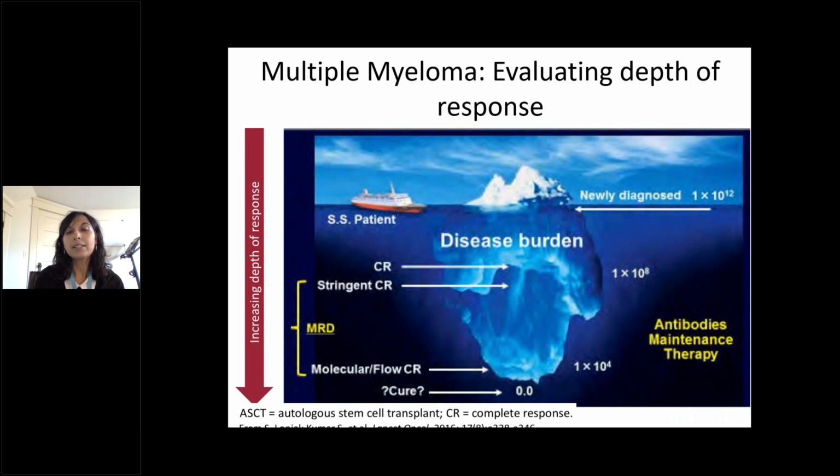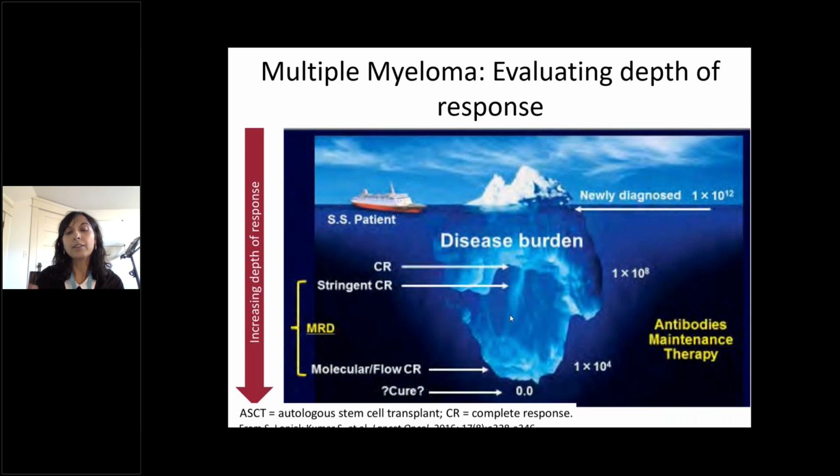Sometimes on the surface it can seem like you bring down the protein, and I've had patients ask me, okay, my protein dropped from 40 to 2, can I stop treatment now? And often I say to them, well, there's a lot of disease that we sometimes can't measure in standard ways, and what we found is that generally the deeper the response, the better patients do.